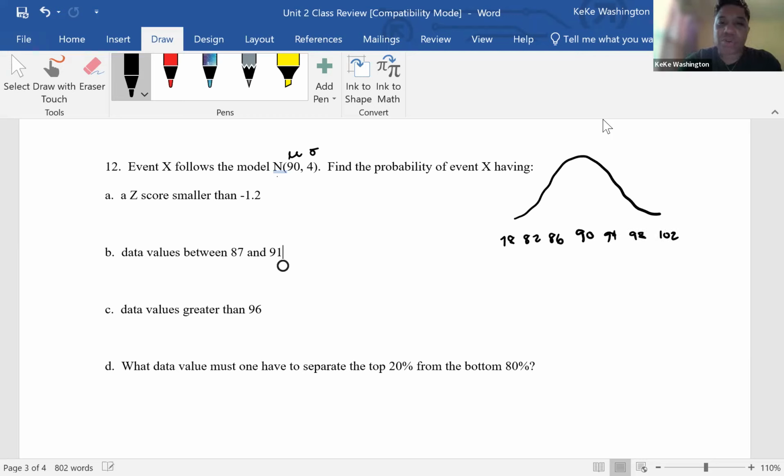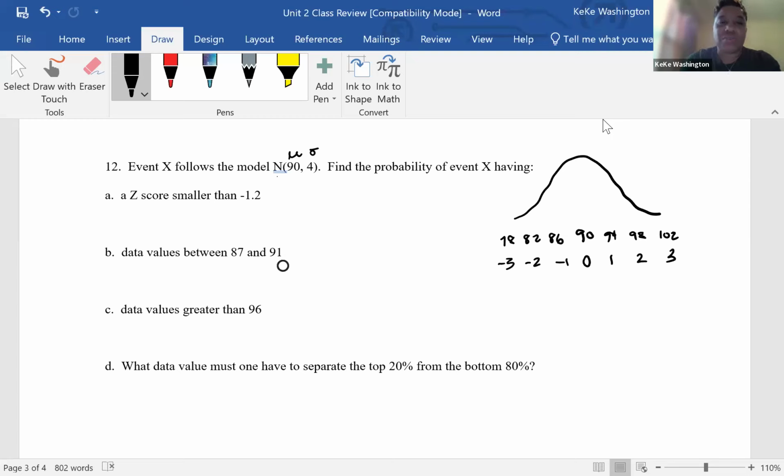That's enough. We know the curve goes on indefinitely, but that'll be enough to answer our questions. At the mean, the z-score is 0, and then 1, 2, and 3 standard deviations away, and -1 z-score, again, standard deviations to the left.